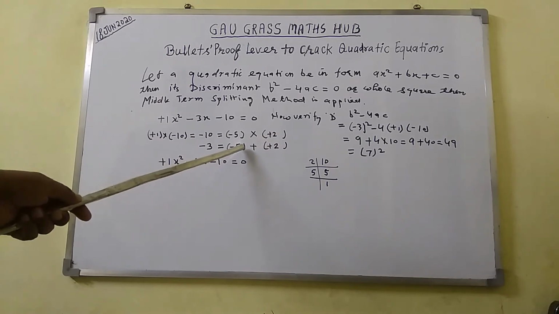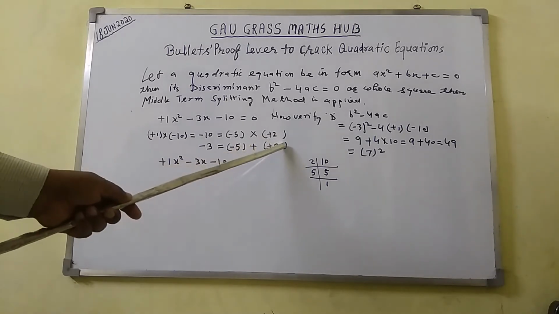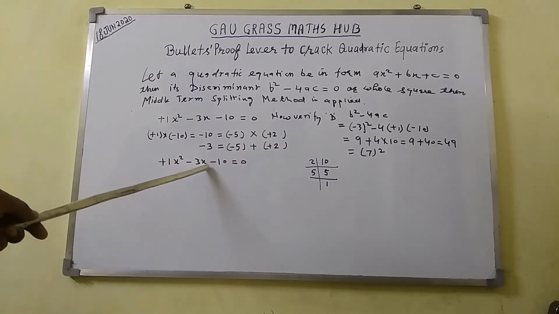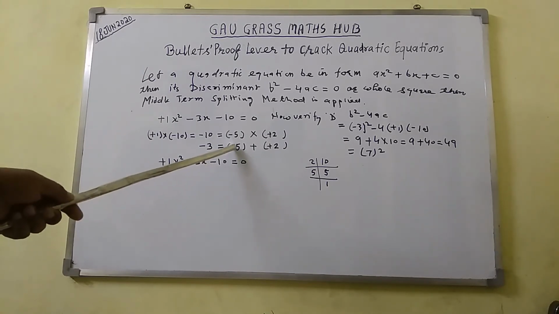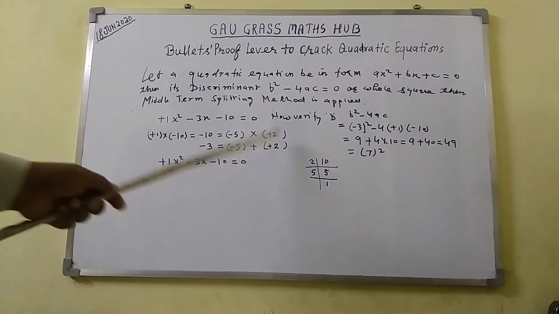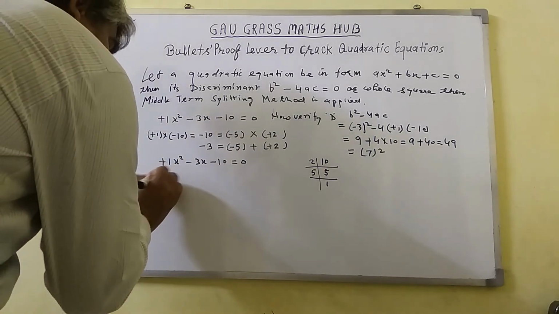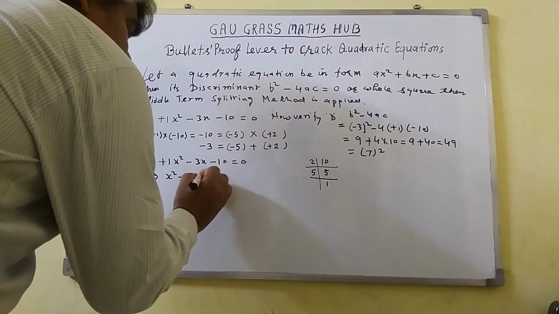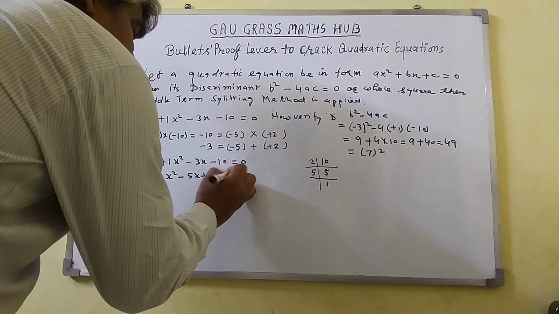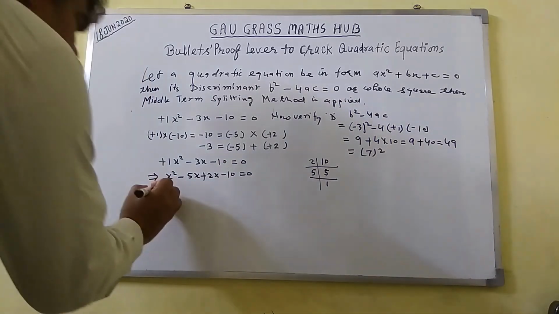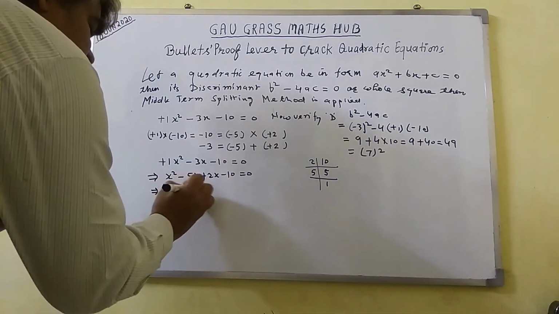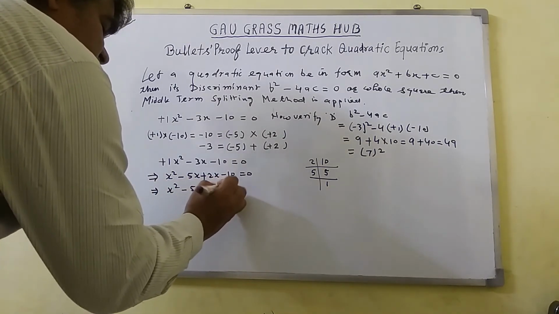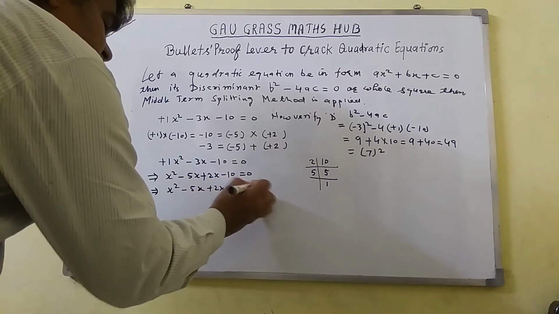Just simply suffix x here and x here also. Now the middle term minus 3x has been split into two parts, minus 5x plus 2x. This implies x square minus 5x plus 2x minus 10 equal to 0.